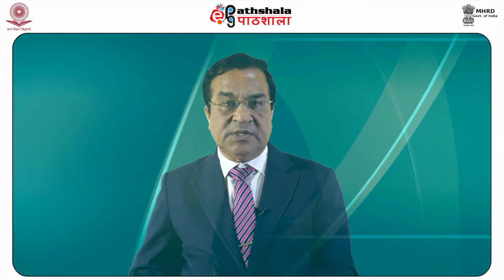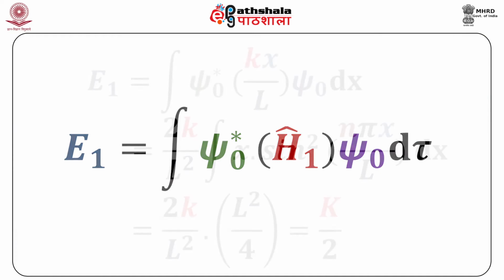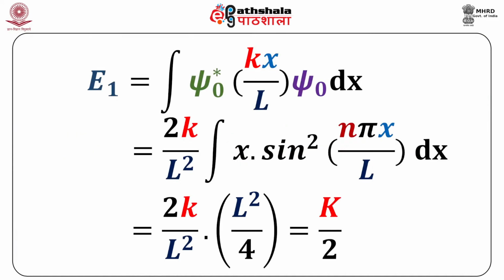Now if we substitute this into our earlier equation, we get straightaway the first order correction to energy due to perturbation. And as you can see, we are solving this here. Psi 0 star, as you know, is the wave function for the unperturbed system, which we have already mentioned.